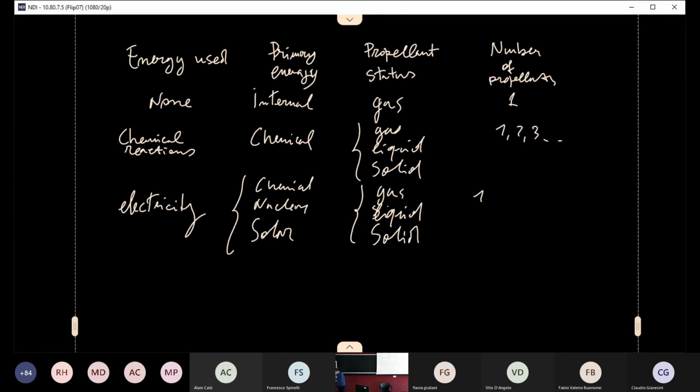Then we move on. I missed something here. Here we can also have, as the means of getting the internal energy, nuclear fission and fusion.